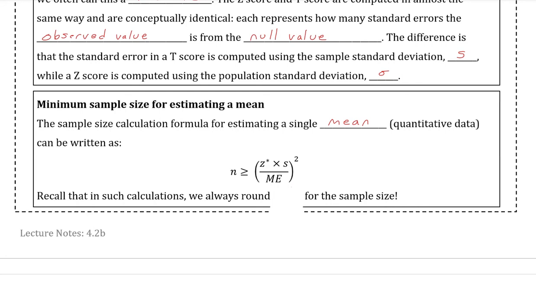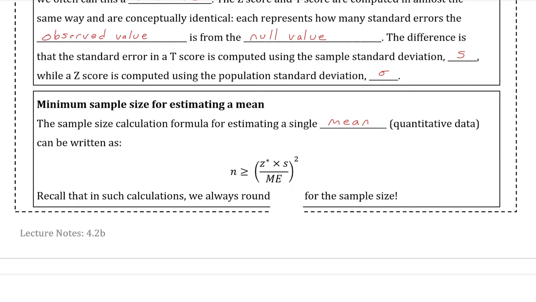Z star, remember, is the requisite z-score, little s is the sample standard deviation, and ME is the margin of error. This formula is found by taking the confidence interval formula before and deconstructing it.